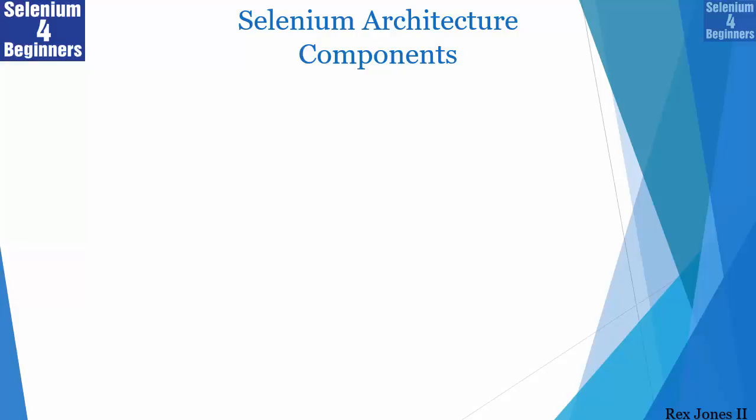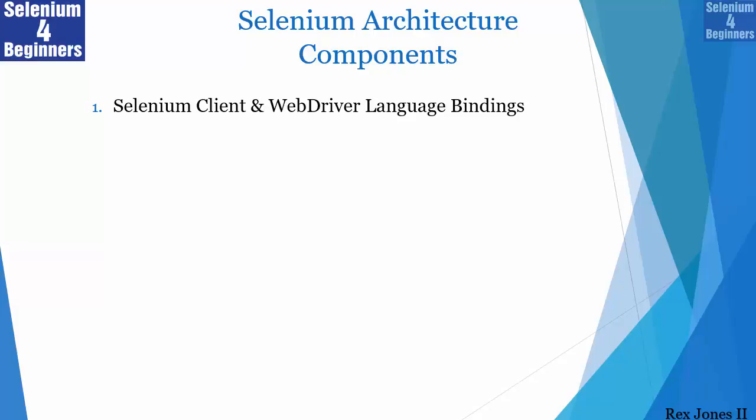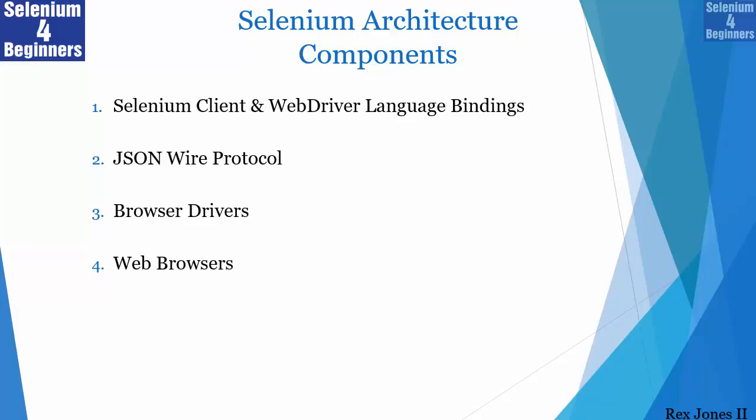There are 4 components that make up the architecture. The first component is Selenium Client and WebDriver language bindings. Next is the JSON Wire Protocol. Third, we have the browser drivers. And the fourth are the web browsers.